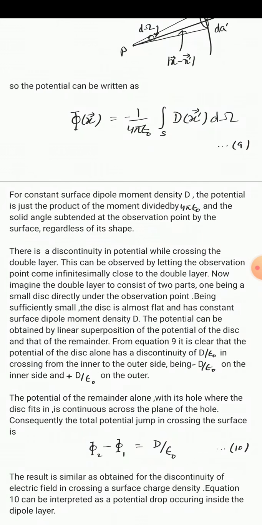So there is a discontinuity in potential while crossing the double layer, and this can be observed by letting the observation point come infinitesimally close to the double layer.